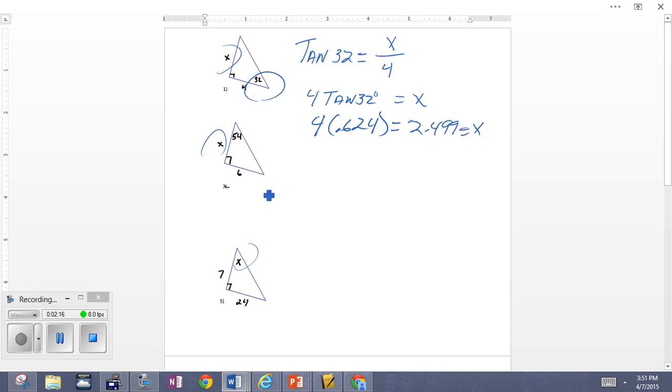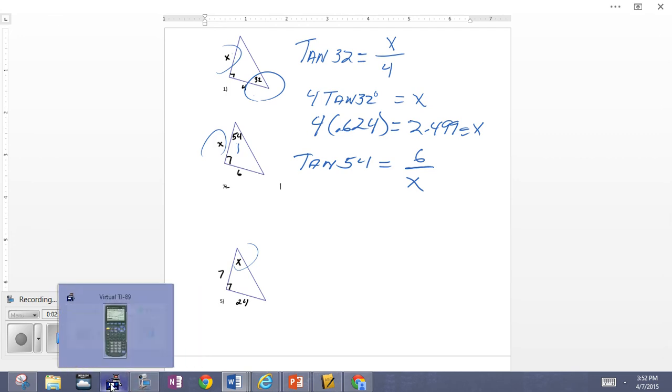Okay, let's do this one. Here again, 54. Relative to that angle, I have the opposite side and the adjacent side. So I'm going to set it up. The tan of 54 is equal to the opposite, which is 6, over x. Now I'm going to find the tangent of 54.